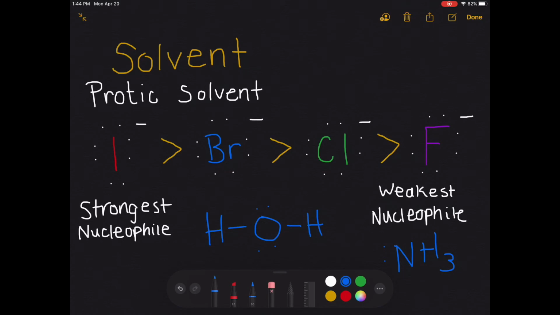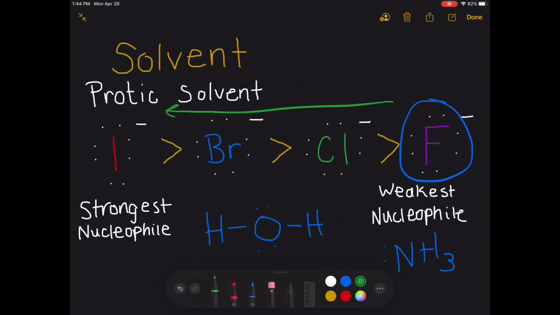Protic solvents favor the SN1 reaction and take more steps to complete. Nucleophilicity within polar protic solvents increases going down the periodic table. So fluorine is right up top when you look at the electronegativity chart, and we're actually going to be increasing going down.